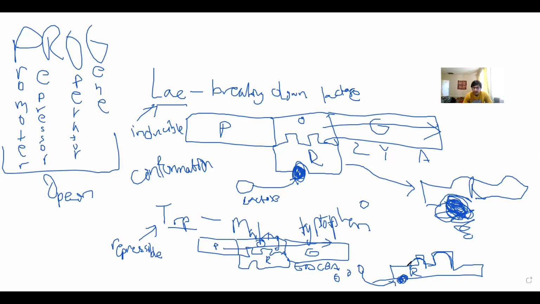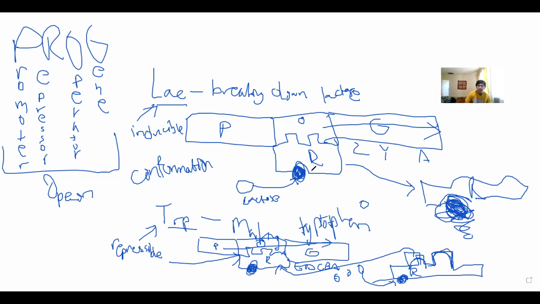Now the repressor changes conformation back to its original square conformation, and then that shape can bind here. So really this diagram should look like this, okay? So now, obviously, RNA polymerase can't go through anymore. It's blocked. So once again, it's a negative feedback loop.